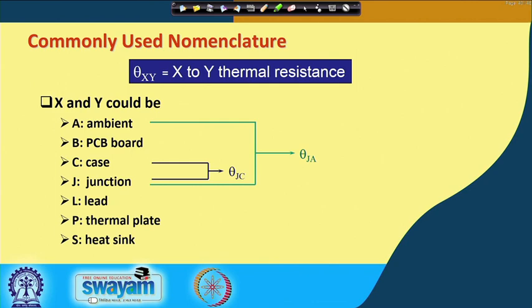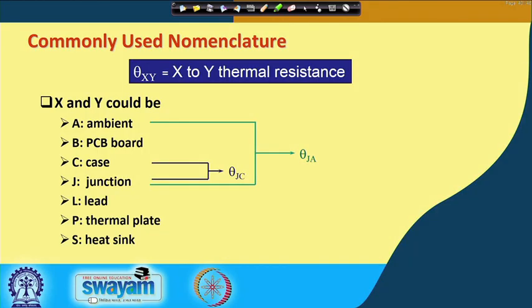So, this is a commonly used nomenclature. The thermal resistance is typically denoted by the symbol theta. Okay. The units, if we recall, are degree C per watt, and theta with subscript x y means it is the thermal resistance from point x to point y. Okay.